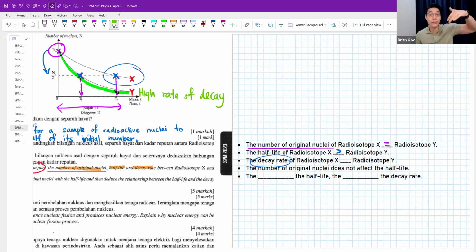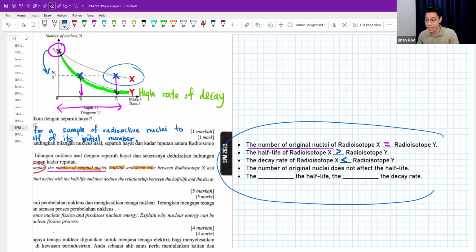Decay meaning fall down faster. X has a lower rate. So you can say X is lower than Y. You can write in words also, or in SPM, you can write exactly like that. You must write the whole thing. You must write out what you are comparing: number of original nuclei, half-life, decay rate.